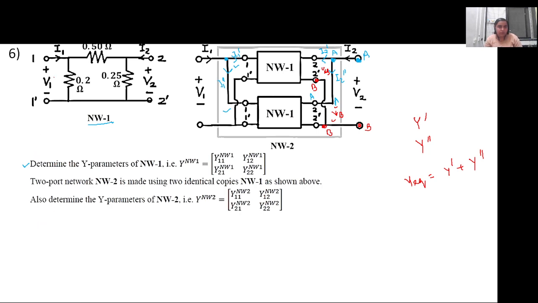For this particular circuit, network 1, the voltage across the output port is V2. That means the voltage across this 25 ohm resistance is V2, right? Because nothing else is connected in the output network.